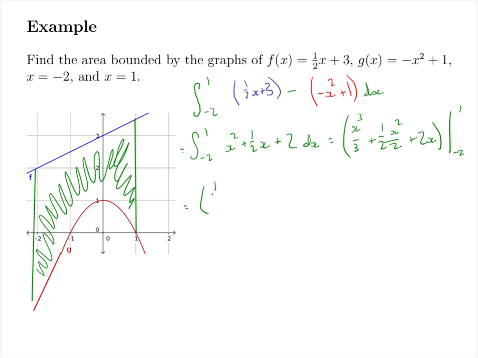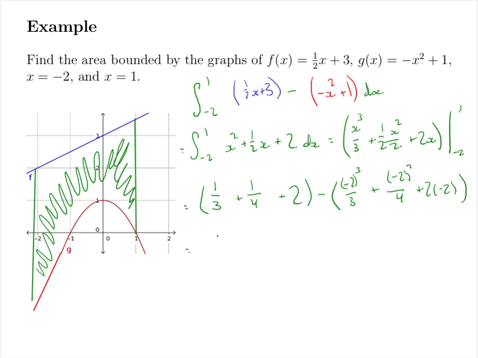So we'll put 1 in first. We've got 1 cubed over 3 plus 1 squared over 4, 2 times 2, plus 2 times 1. And we'll subtract that when we put in -2. So we'll put in -2 cubed over 3 plus -2 squared over 4 plus 2 times -2.